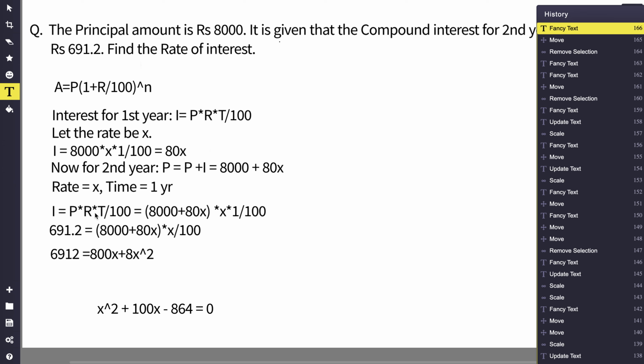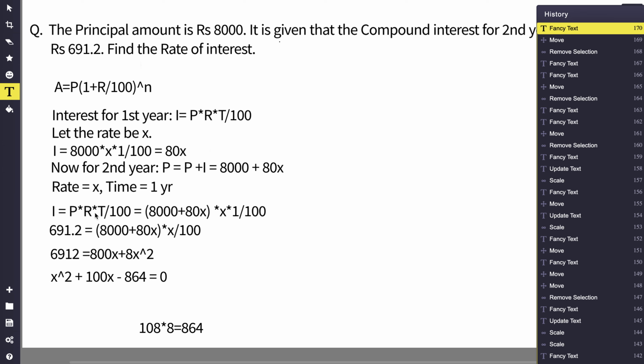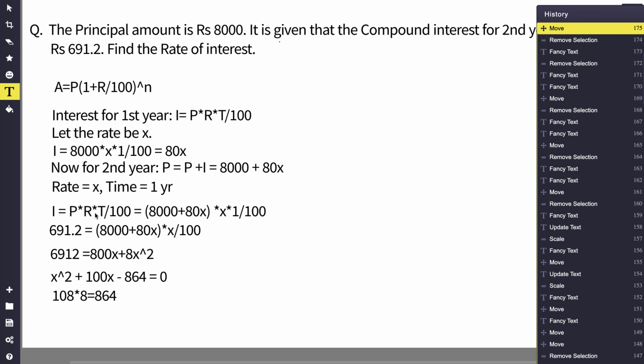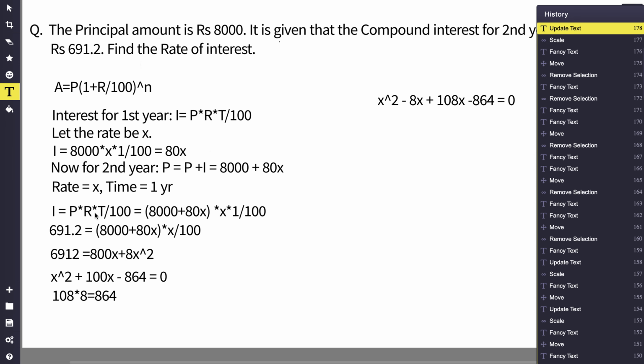Now I want you to pause the video again and try to solve this quadratic equation. Okay, so we know that 108 into 8 gives 864. So we can divide the 100x into 108x and minus 8x.